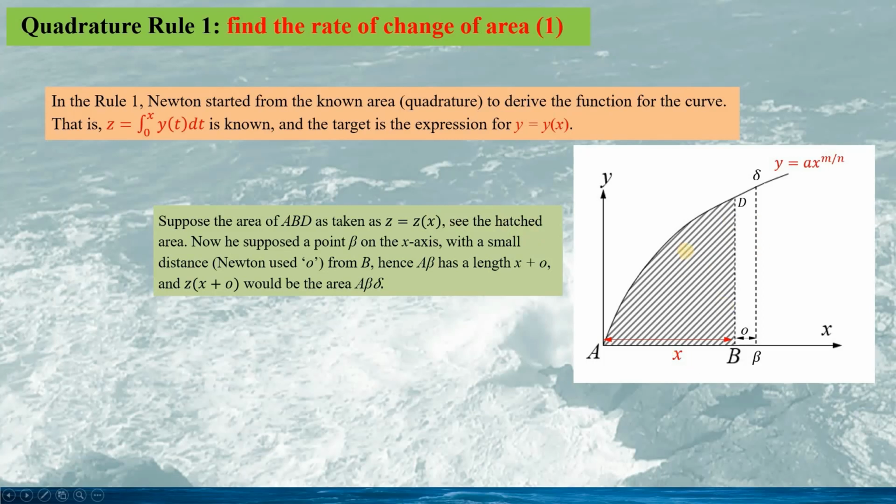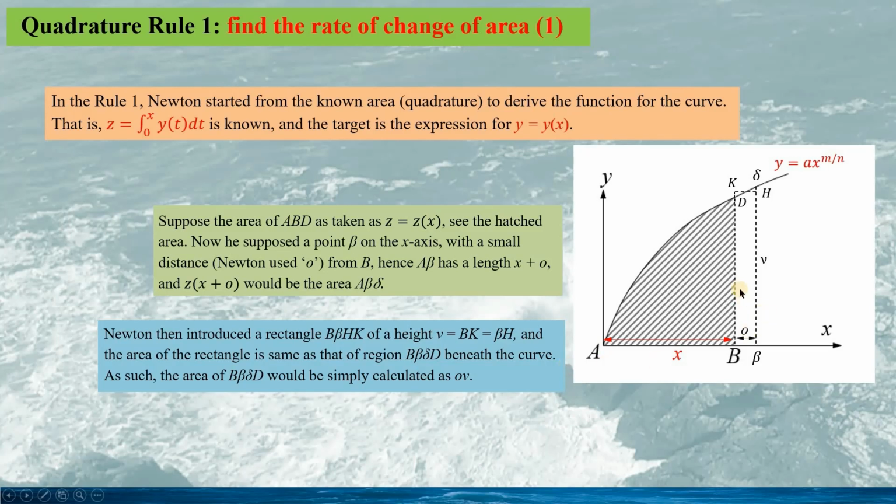See the hatched area. Now he supposed a point beta on the x-axis with a small distance. Newton used O to represent the small distance B beta. Hence, A beta would have a length x plus O, and z(x plus O) would be the area A beta delta.